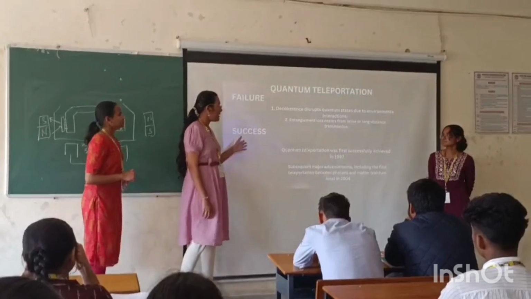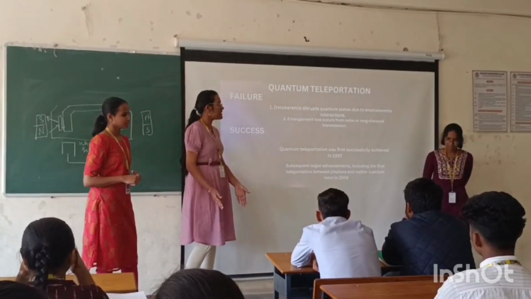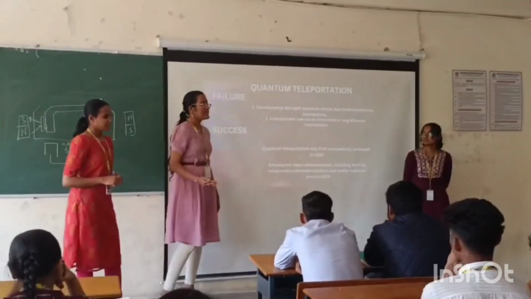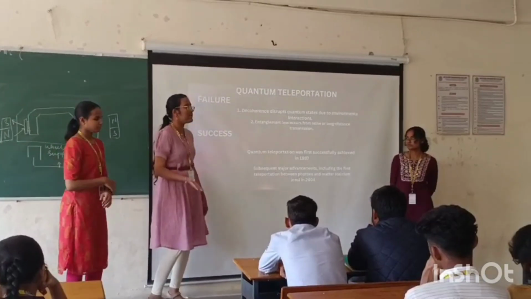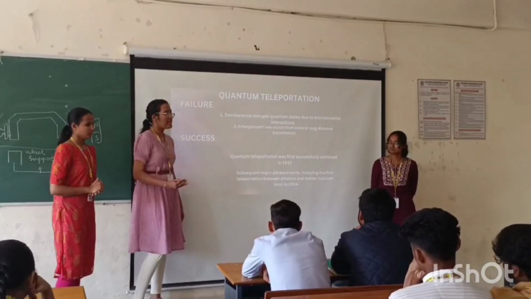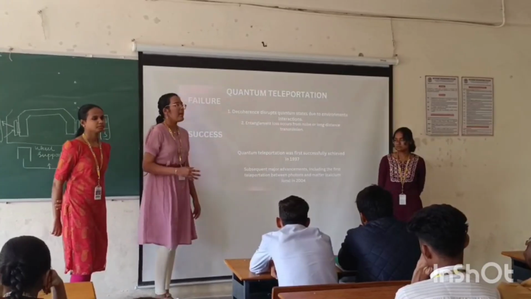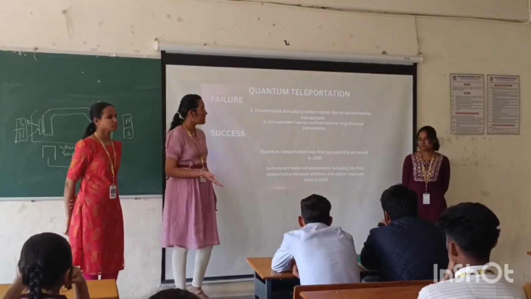They have had many failures and successes, but I am telling some of them. They failed to achieve higher reliability and suffered a huge signal loss in 1997, and they also tried large teleportations, but because of the loss of photons they failed there also.